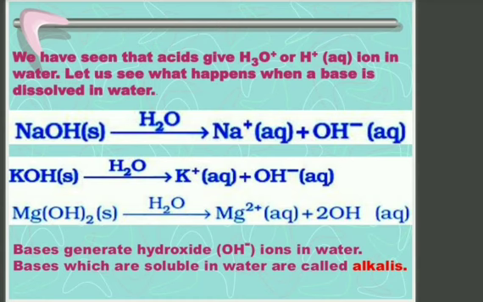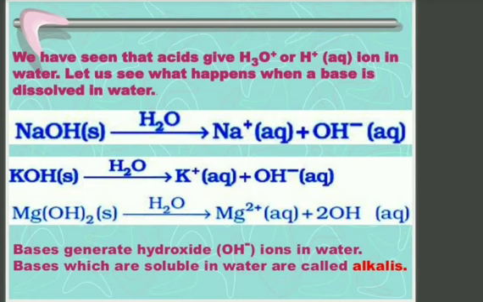Bases generate hydroxide ions in water, and the bases which are soluble in water are called alkali. It is very important, students. You should note that every base is not an alkali, but every alkali is a base.